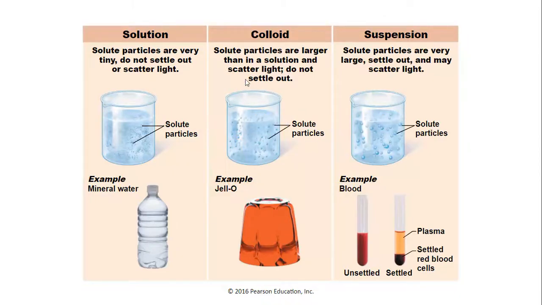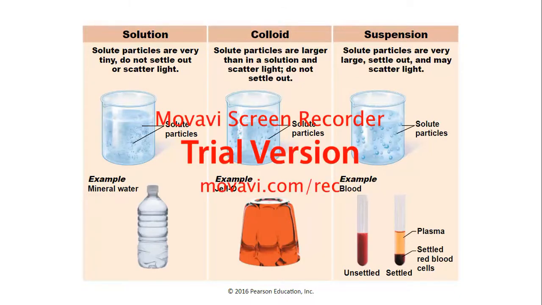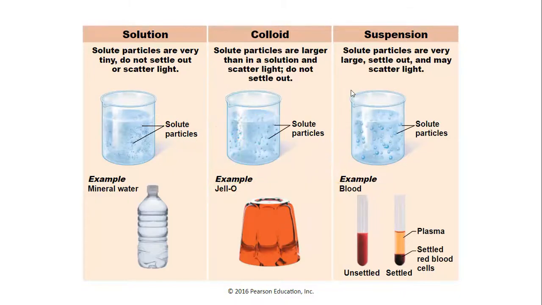Okay, so with the colloid, all right, the particles are getting larger. So the particles are larger in the colloid solution. And then the suspension, the particles are so big that you can see them settle out with your eyes.